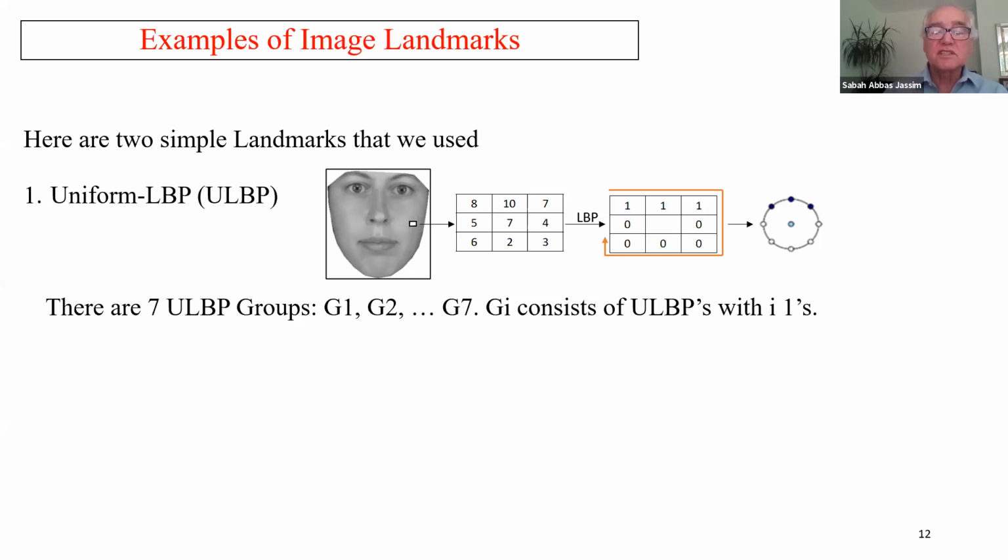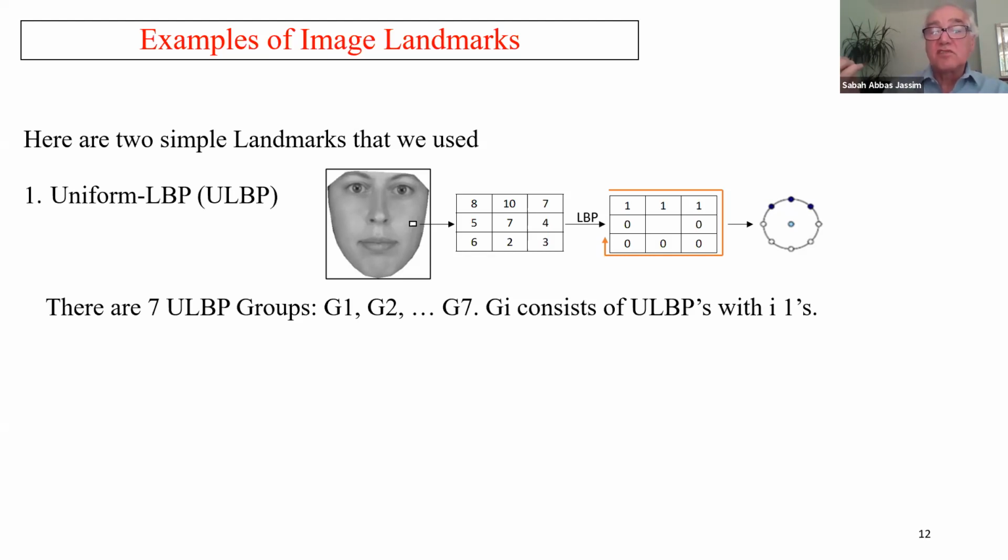The most interesting ones are the binary strings that have 1 run of ones, i.e. 2 transitions between 0 and 1 when you look at it as a circular string. So there are 7 such groups, each identified by the number of ones.